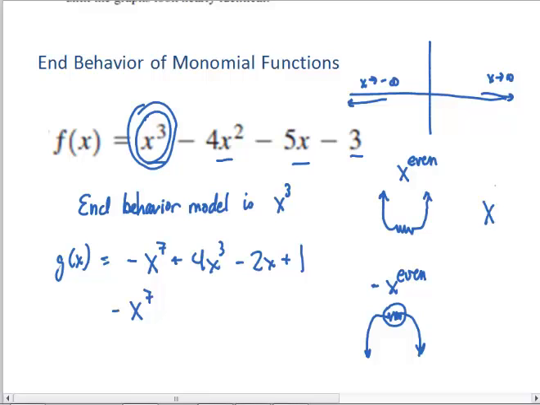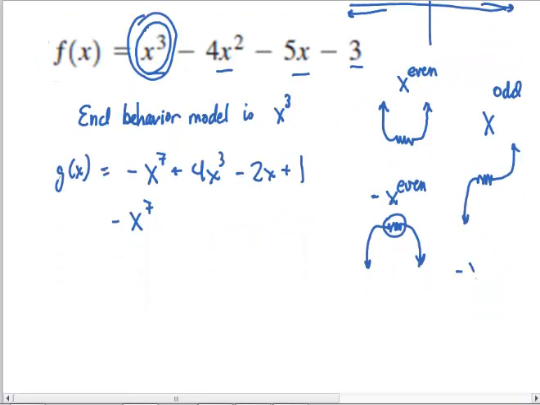And if it was an odd one, the icon would appear like this. And if it was negative x to the odd, it would appear like this because of the flip over the x-axis. So if they ever ask you to draw an end behavior model, you know what the drawings should look like.